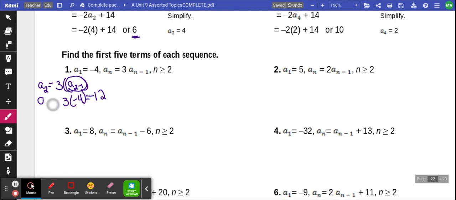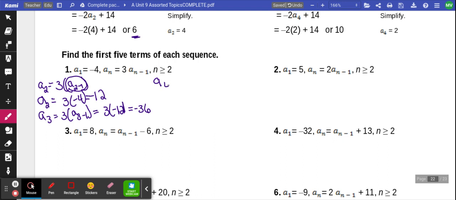Then a sub 3 is 3 times a sub 3 minus 1, which is the answer before, which is -12. So a sub 3 equals 3 times -12, which is -36.